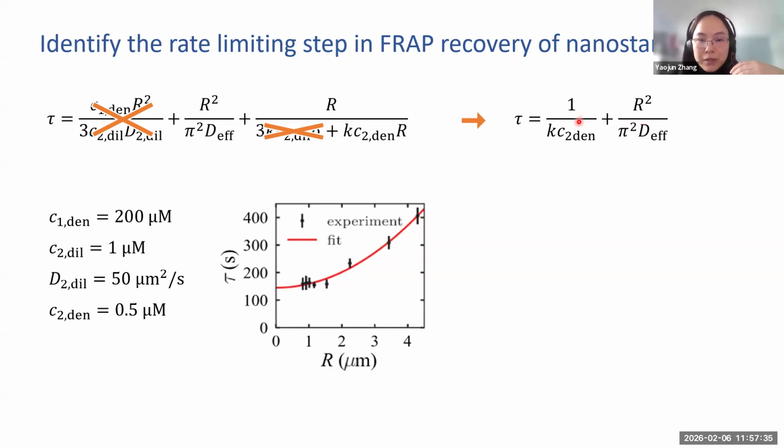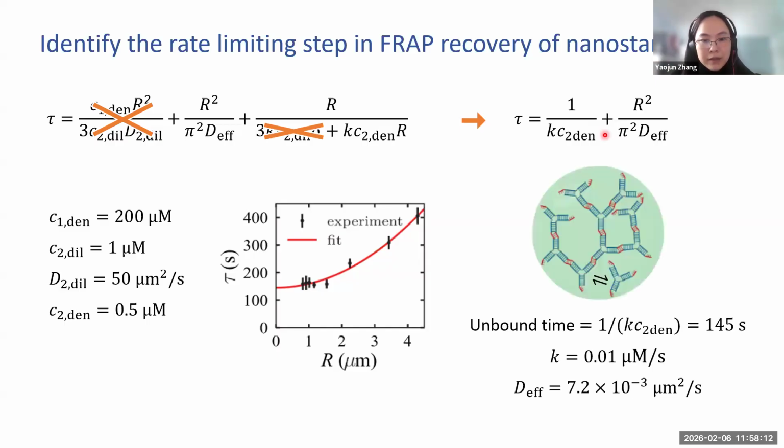So in this limit, what really matters is that the bleached molecules have to detach from the network, and then they diffuse quickly out of the condensate, and the vacancy can then be replaced by unbleached molecules. So that is why you have a constant, because the detachment from the bulk is proportional to volume, and the number of molecules that has to be replaced also is proportional to volume. So volume cancels volume, giving you a constant.